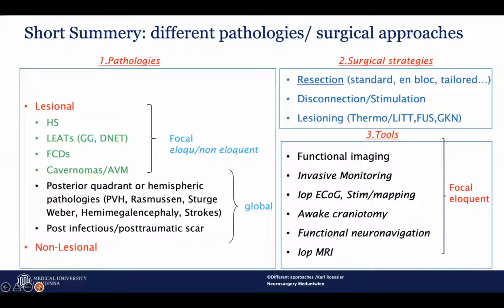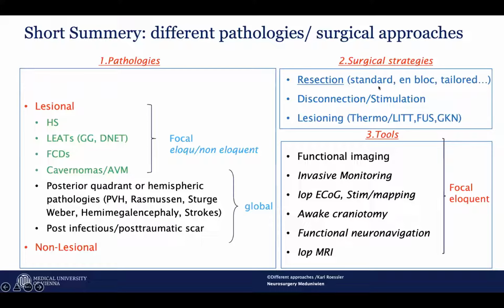And in the lesional ones, we deal with focal pathologies and with global pathologies. And as you have seen, most of them are focal. And if we have focal ones, we are thinking about, are they eloquent or are they non-eloquent? And these simple facts determine what kind of surgical strategies we choose.